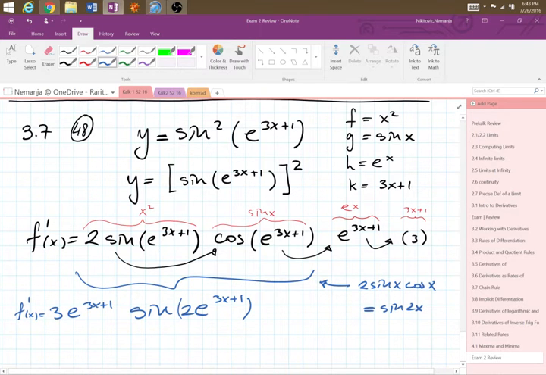Here's the related rates problem. We're going to take a look at a highway chase for related rates.